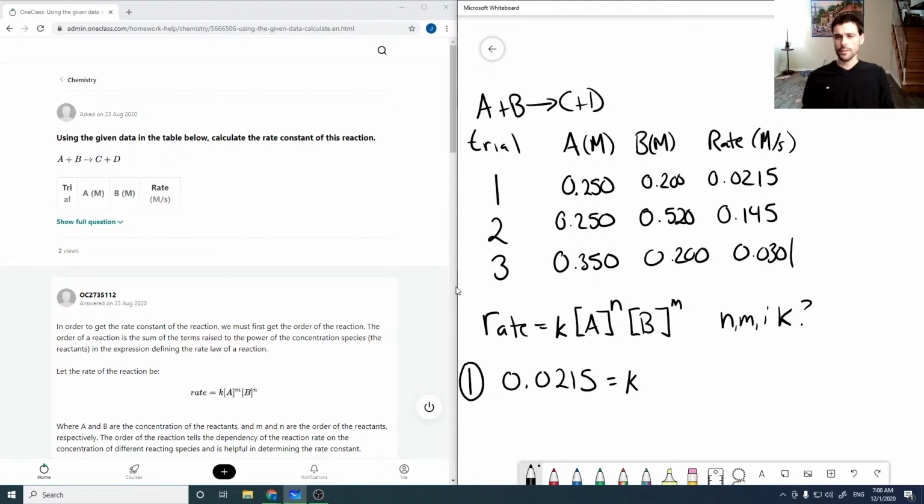So K times 0.250 to the N, 0.200 to the M.